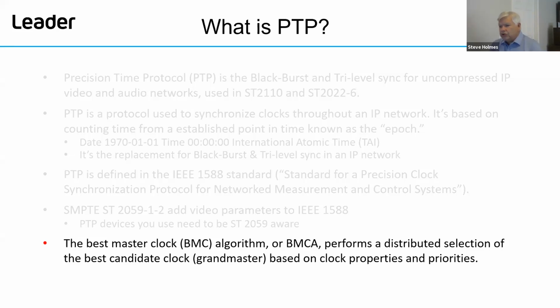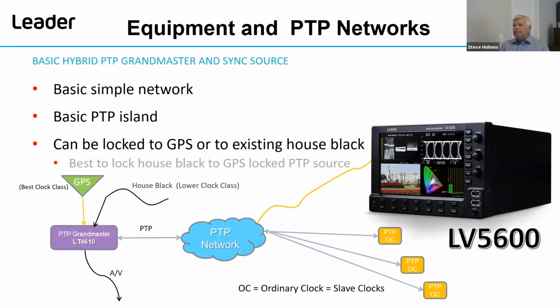PTP uses this thing called either the BMC or the BMCA, depending on which standard you're coming from, that performs the distributed selection of the best candidate clock, i.e. who is the grandmaster clock. That's based on clock properties and clock priorities that we'll cover as we go through this whole system.